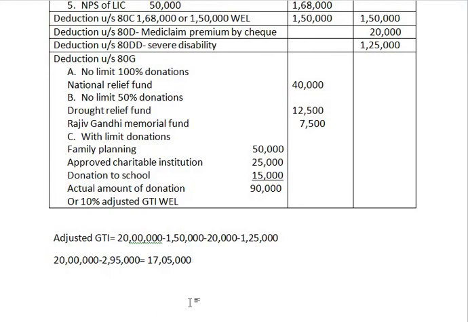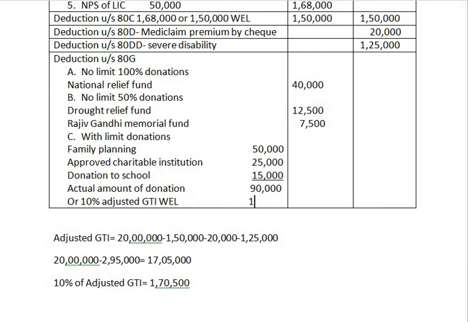So 10% of this amount, 10% of adjusted gross total income, is nothing but 1,70,500 rupees, or the actual amount, whichever is less.